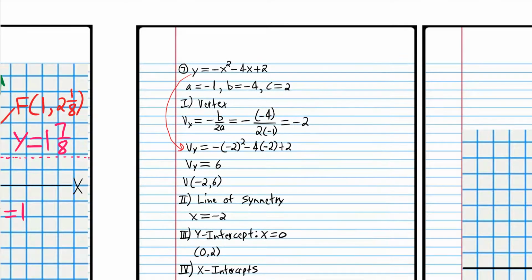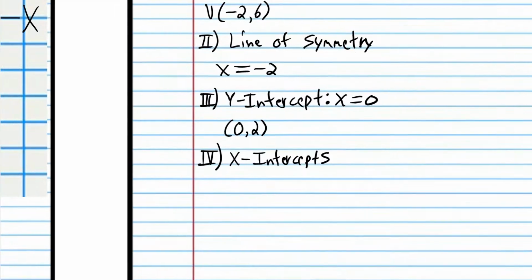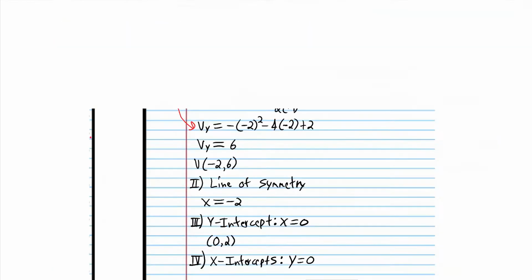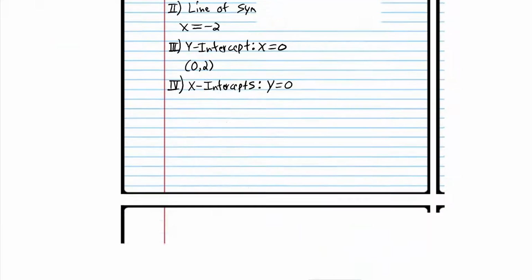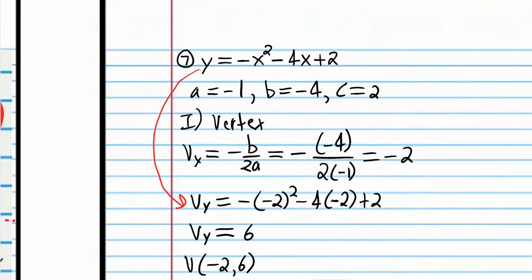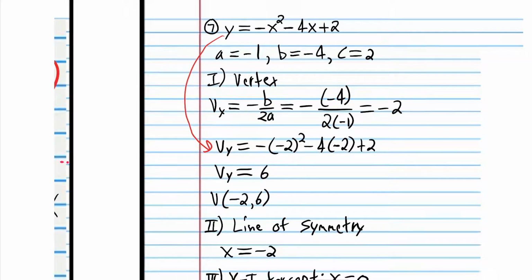And to do that, of course, we let y be 0. So we have 0 equals -x squared minus 4x plus 2.